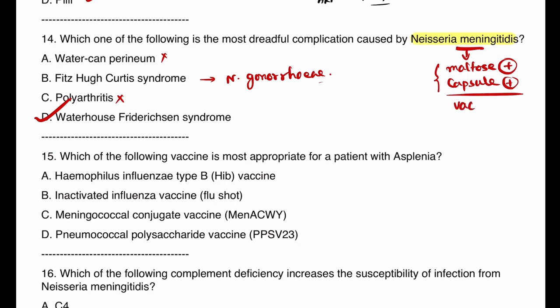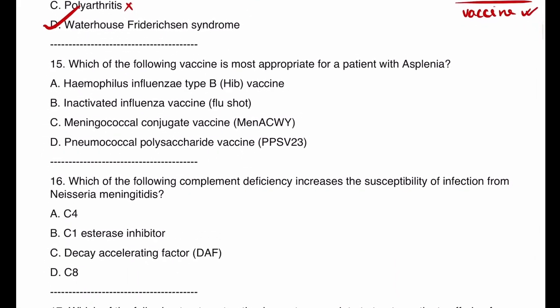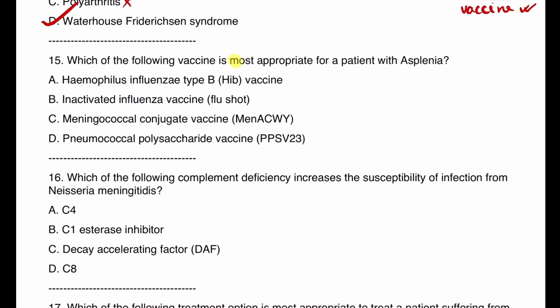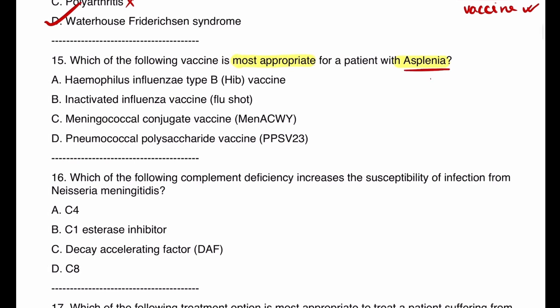Another one, we have a vaccine against Neisseria meningitidis, but we don't have any vaccine against gonorrhea because of the antigenic change. Next, which of the following vaccines is most appropriate in a patient with asplenia? We know the spleen is responsible for removal of the capsulated organism. So when there is asplenia, the defense against the encapsulated organism is lost.